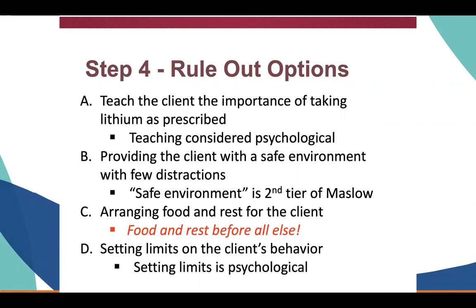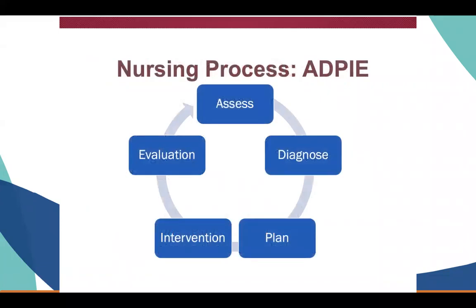If the ABCs and Maslow's are not applicable to the prioritization question, then consider the nursing process. What's the acronym for nursing process? ADPIE. You need to determine what step of the nursing process is being asked for in the question. Assessment questions include gathering and verifying data. Questions pertaining to a diagnosis require the nurse to interpret the data and collect any additional needed information, or identify and communicate the nursing diagnosis.